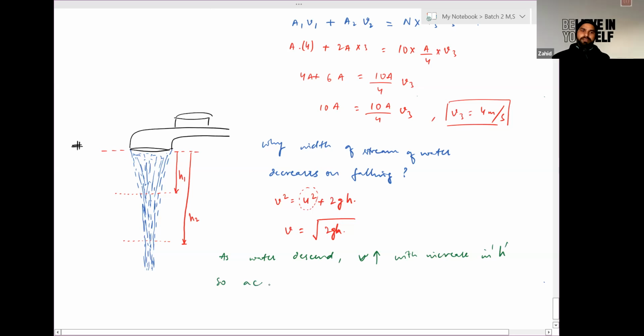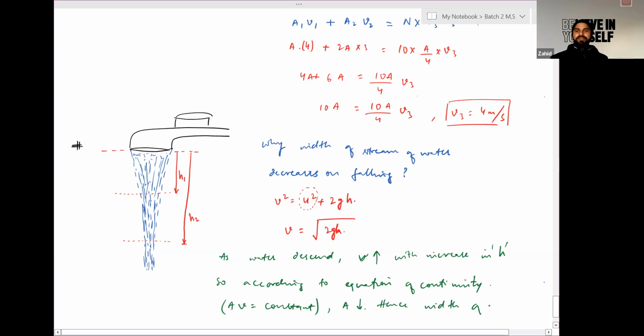So according to the equation of continuity, area times velocity should be constant. Area must decrease. Hence, width of stream decreases.